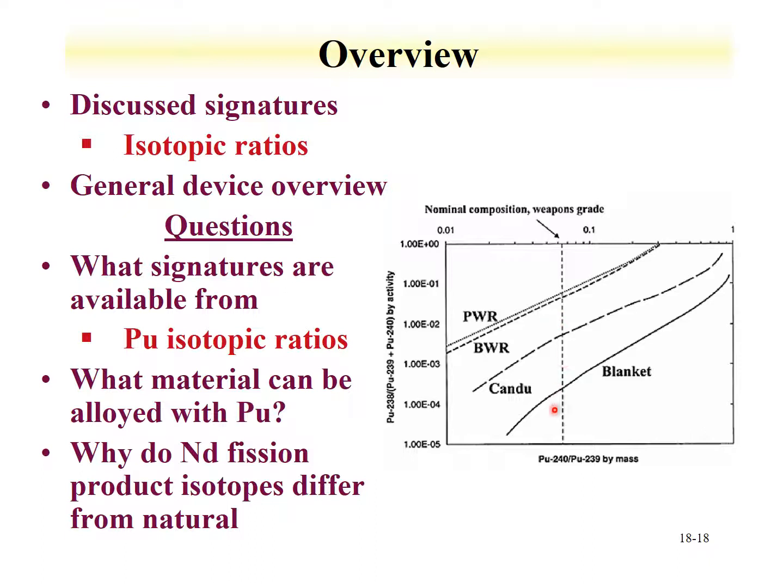If one were to look at some obtained plutonium material and evaluate these isotopic mass and activity ratios, see where it lies, one could first determine if it's designed for weapons use by the nominal 6% plutonium-240 composition, and then look at where it came from. So what type of reactor? This is important because if it came from a CANDU, you can identify the locations. There are a limited number of CANDUs available for producing this material. Or a blanket type material would tell you what sort of reactor design.